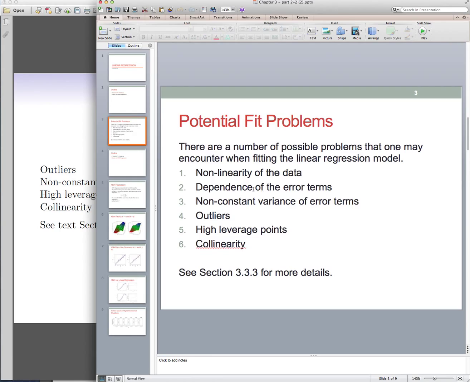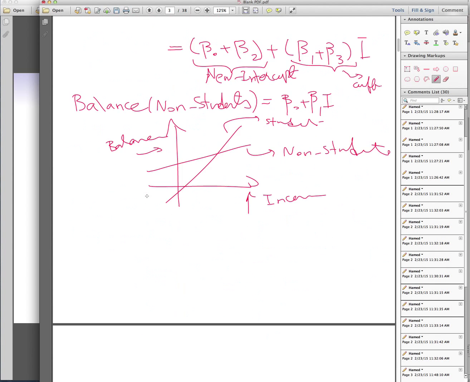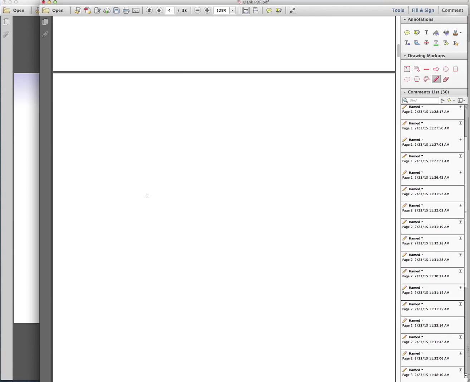That means, for example, so here when you write beta 0 plus beta 1 x plus epsilon, you assume that this is independent of y.